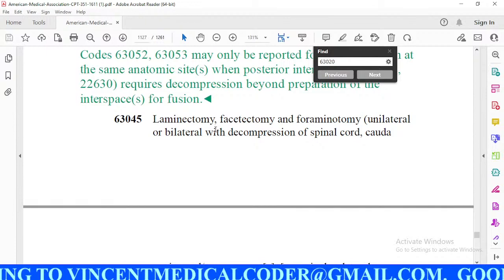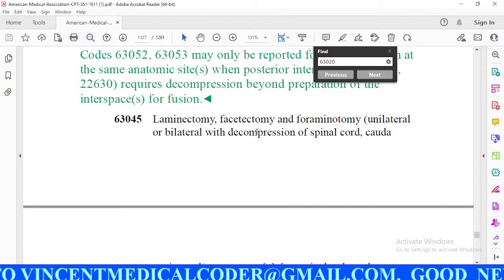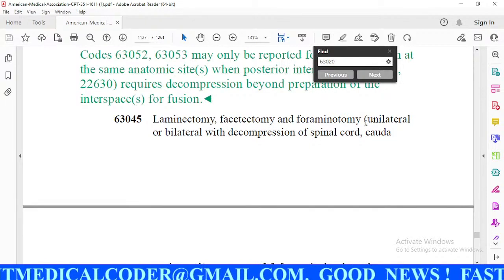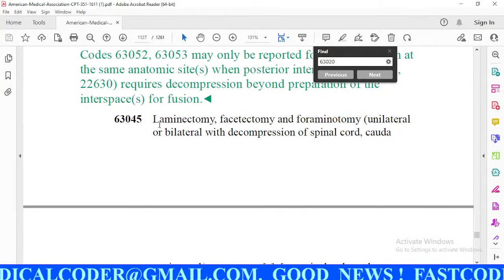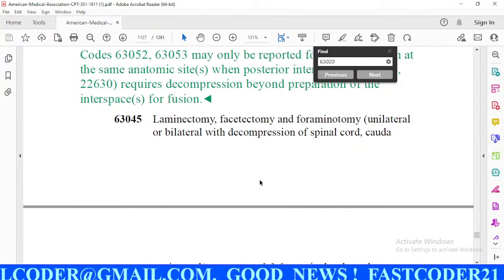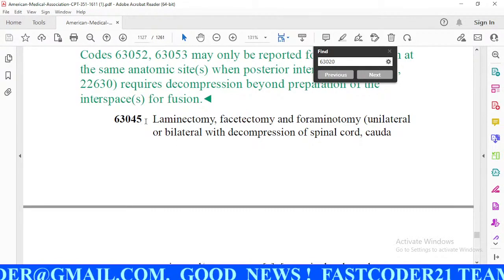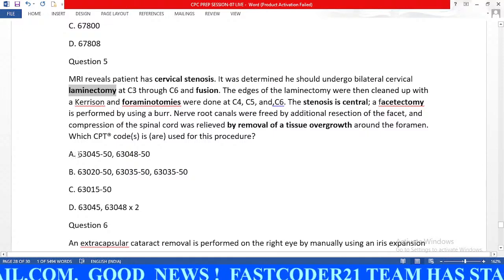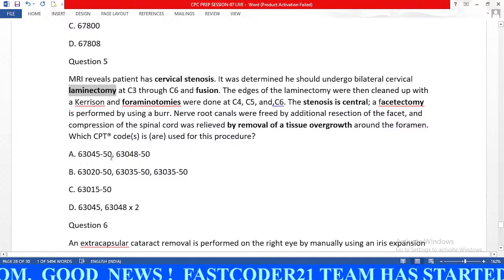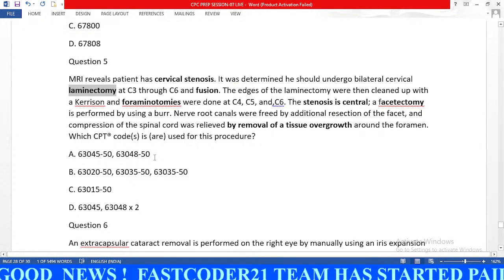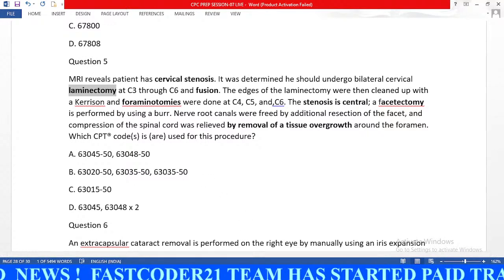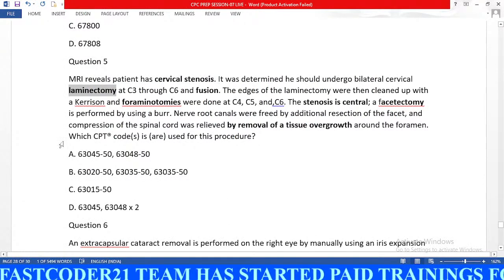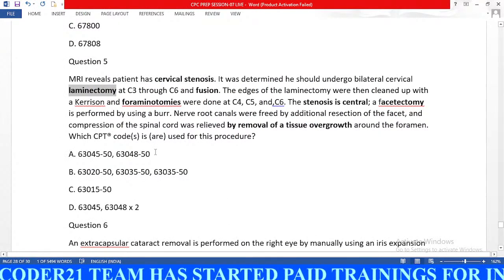If the physician performs laminectomy, facetectomy and foraminotomy on the unilateral side, we will use 63045. On the bilateral side also we need to use 63045. So answer A contains 63045 with 50 modifier and 63048 with 50 modifier. As the code description has bilateral by default, we can't use the 50 modifier here. So answer A is also incorrect.